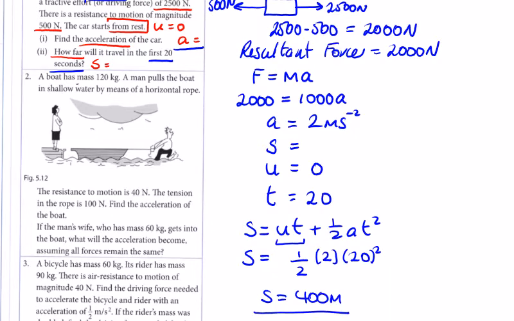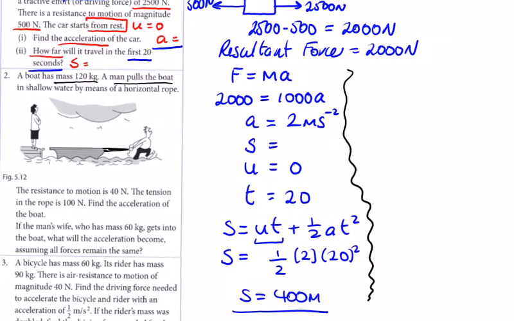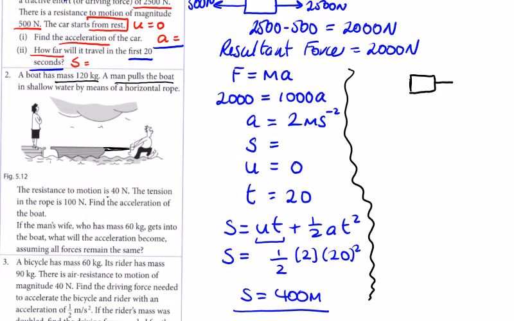Question 2. The boat has mass 120 kilos. A man pulls the boat in shallow water by means of a horizontal rope. So here it is. So we might fit question 2 in here. So I have my boat, my horizontal rope, and the resistance is 40 newtons.